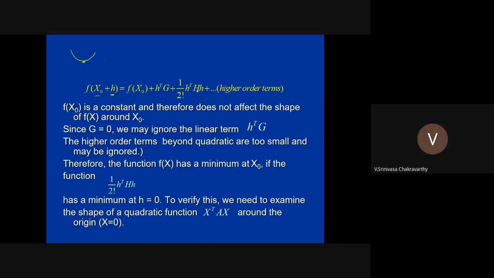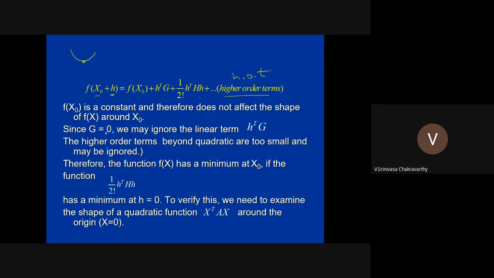It is very similar to the Taylor series of a univariate function, but written in matrix notation. Then you have higher order terms involving cubic terms, and to express them you need tensors, which is way outside the scope of this course. So I'll consider only up to the quadratic term and call all the rest the higher order terms.